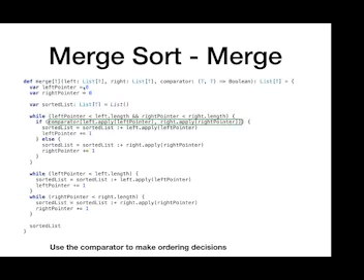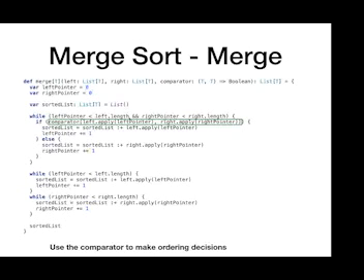So when we do merge, we initialize our pointers to the beginning of each of our input lists. We have a comparator to tell how they're going to be compared, and we have our output list here.